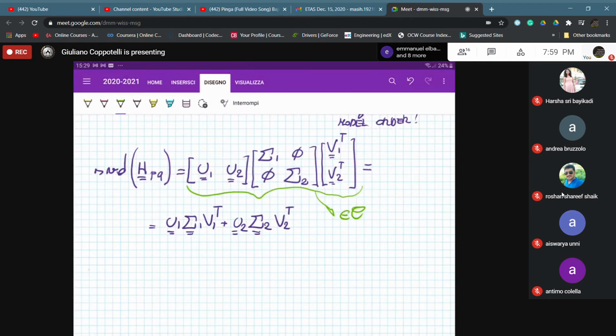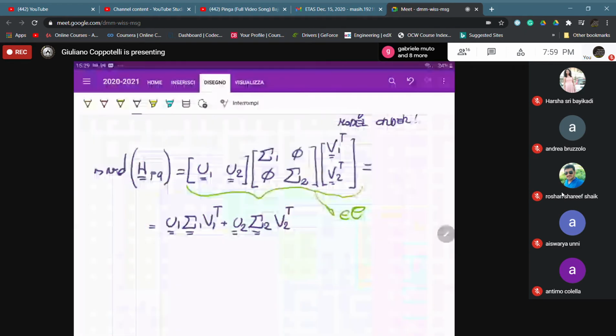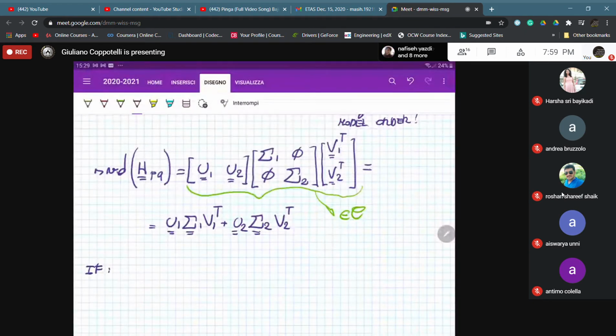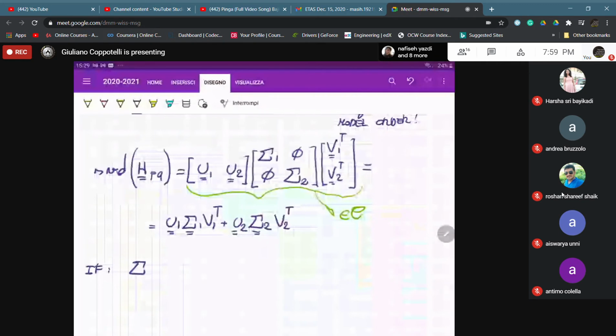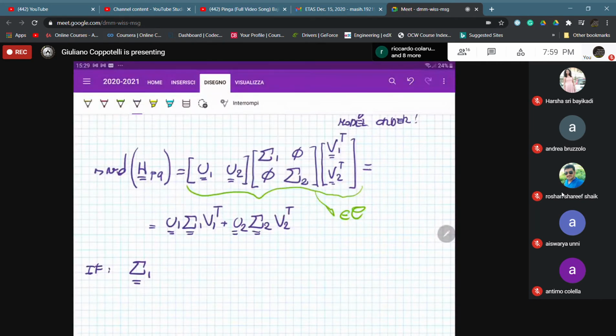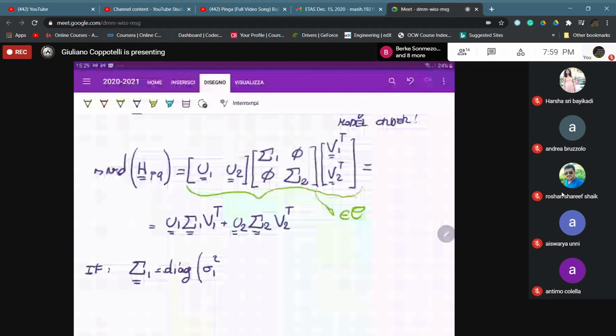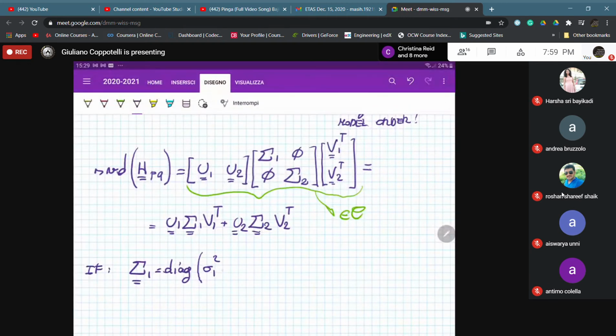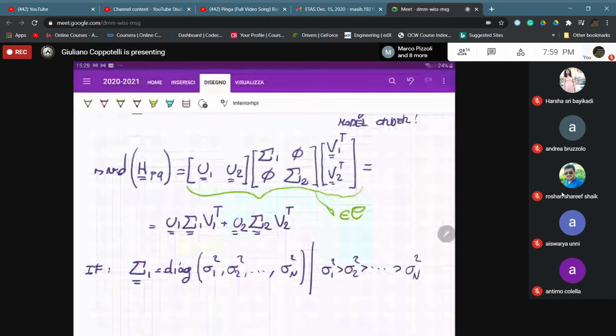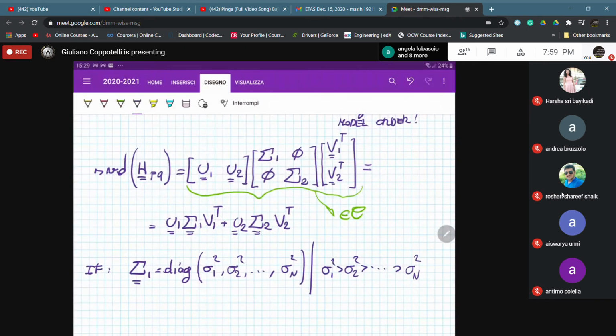Now, and that is the critical part of this approach, we define this sigma 1 matrix as the diagonal matrix of those singular values, sigma 1 square, sigma 2 square, up to sigma n square, so that sigma 1 square is larger than sigma 2 square, which is larger than the last one, and they are of course all positive quantities.